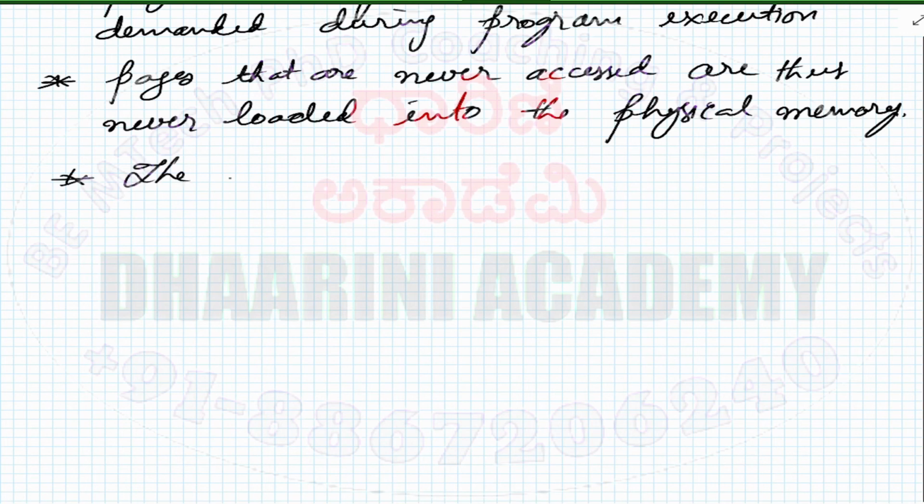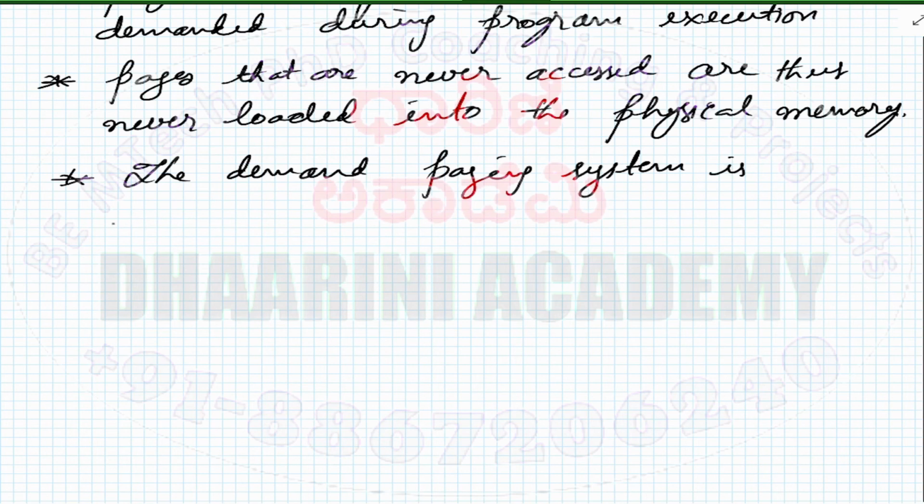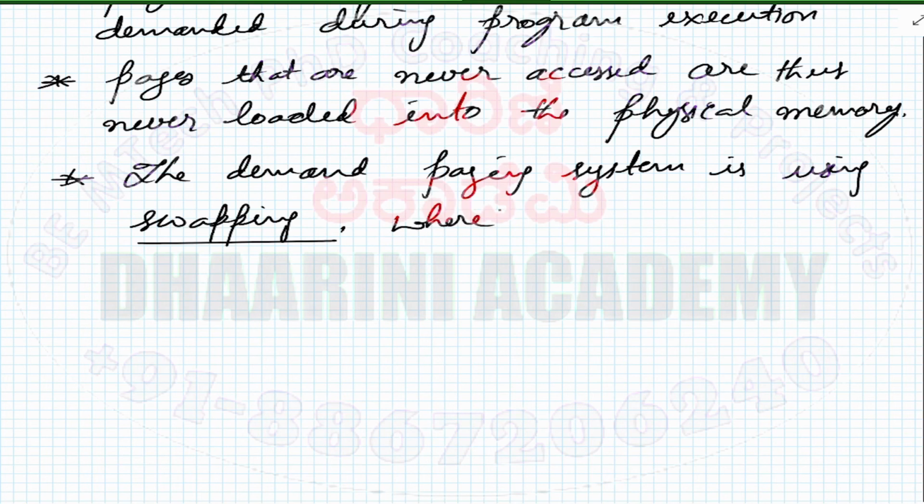So the demand paging system is using what is called swapping, where in swapping, processes reside normally in the secondary memory.